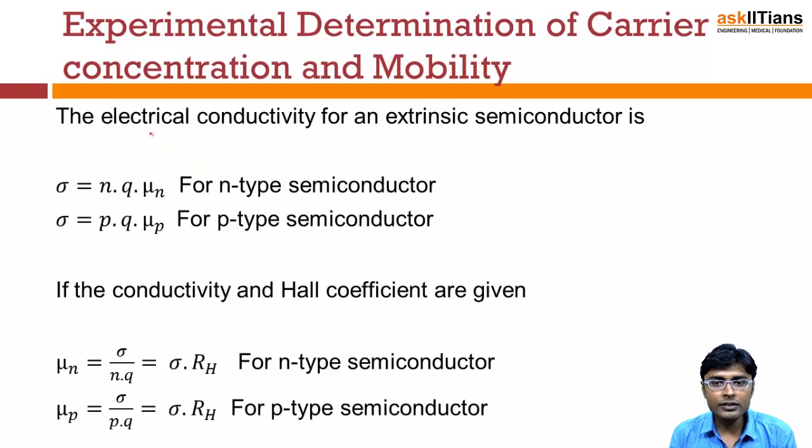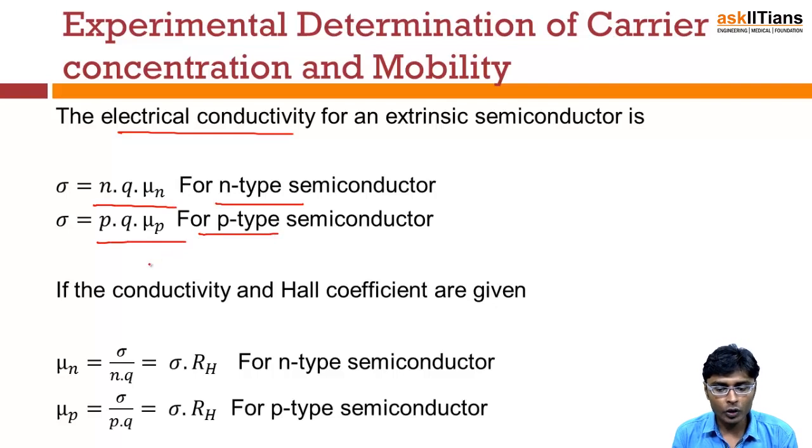Since we know the electrical conductivity of an extrinsic semiconductor, if it is n-type, then it is equal to N q mu N, and if it is p-type, then it is equal to P q mu P. Okay, so the conductivity and the Hall coefficient will be given by this formula. So from here we can derive the mobility.